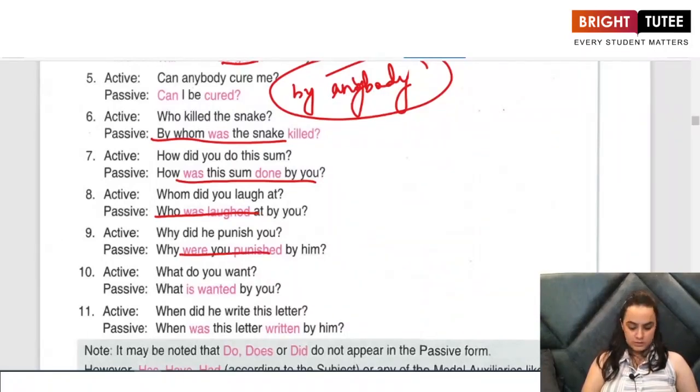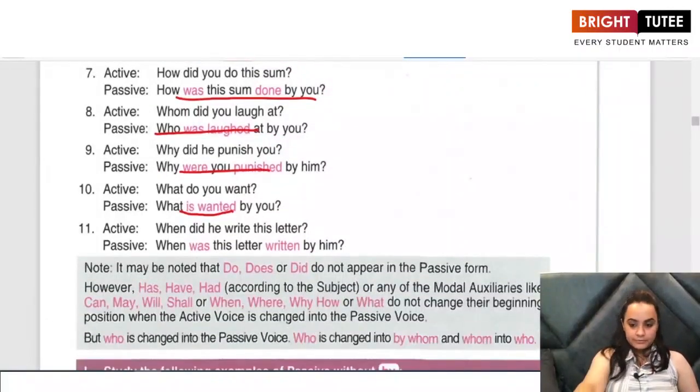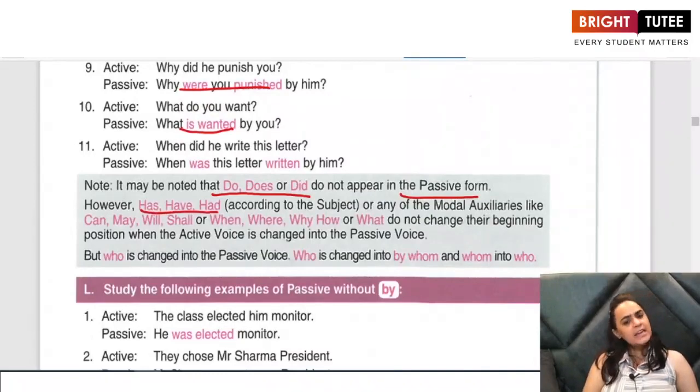What do you want? What is wanted by you? When did he write this letter? When was this letter written by him? Now, as we have already noted, do or did do not appear in the passive form, and have, had, or any modal, can, could, may, might, or when, where, how, why, they do not change their beginning.